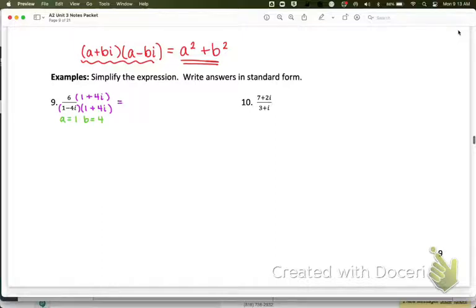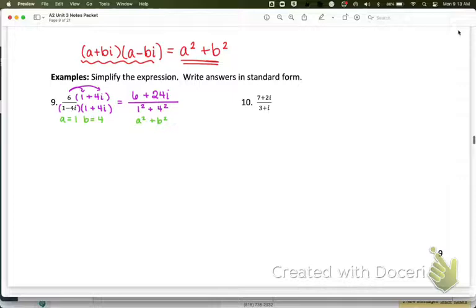Because when we multiply, we're going to distribute the 6 on the top. So we get 6 plus 24i over on the bottom, it's going to be a squared plus b squared. So this is going to be 1 squared plus 4 squared. Again, no i's, just the a's and the b's.